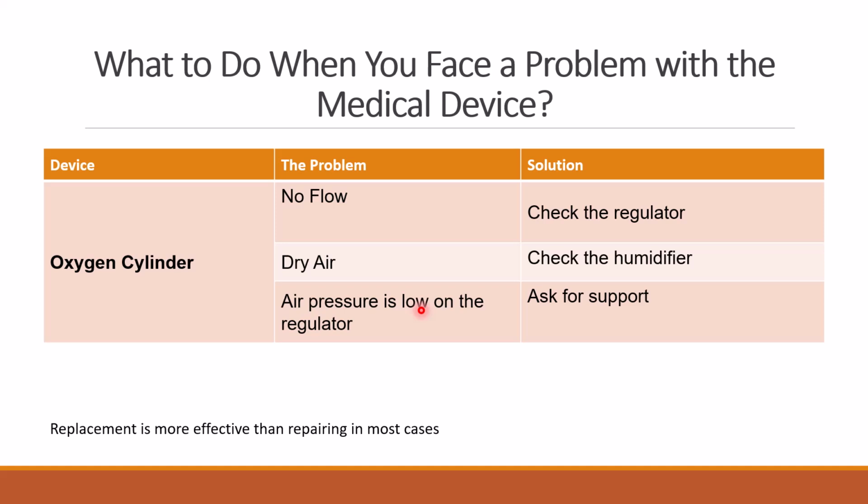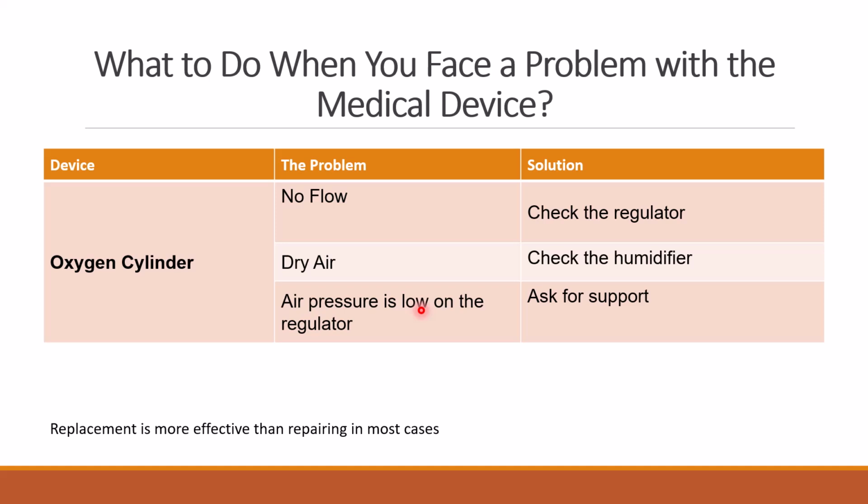If we have no flow and the regulator clock is down, we need to check the regulator if it's open. If the cylinder is empty, we need to replace it with the biomedical team. If we have dry air, just check the humidifier. Maybe we don't have enough water in it, or maybe we have some problems.